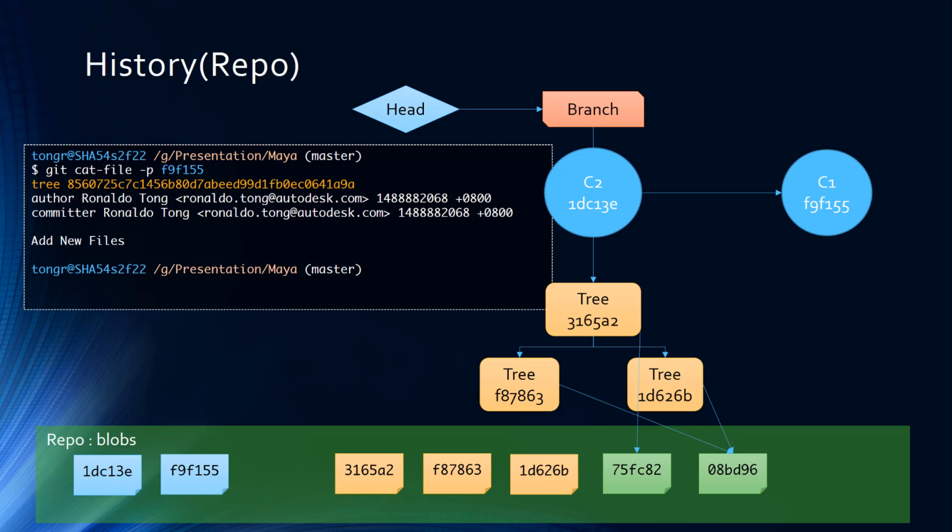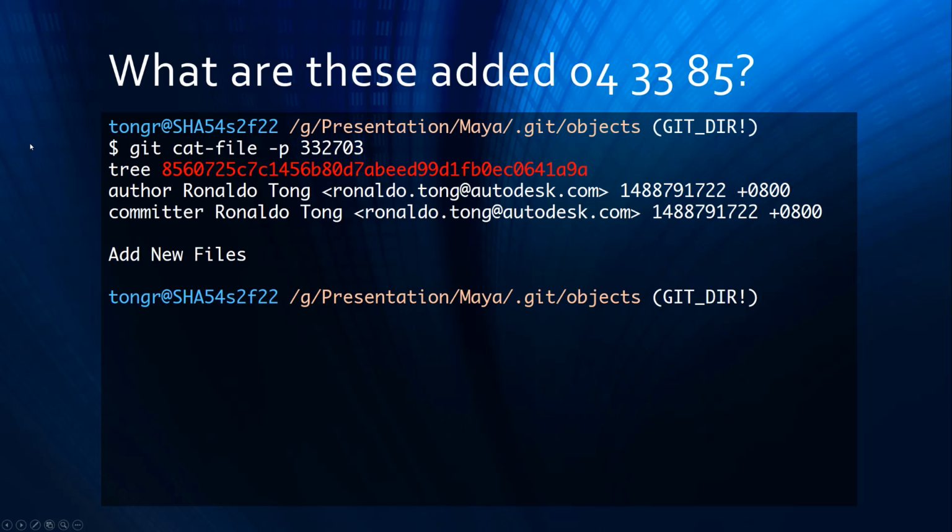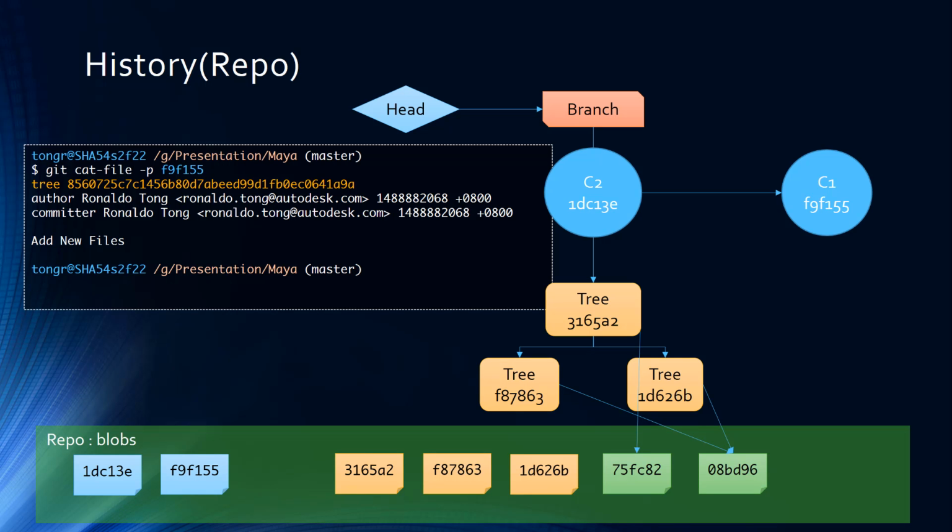A little episode. I worked on a different computer to record the video today, and the first commit SHA1 code, F9F155, is different from the SHA1 code 332703 I recorded in the very beginning. You can go back to check the 8th slide. The reason is simply that the time I edited those files was different.